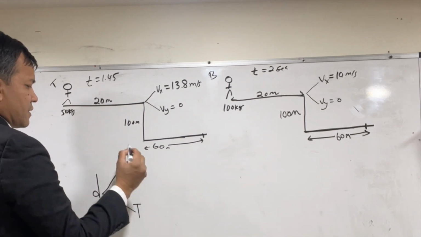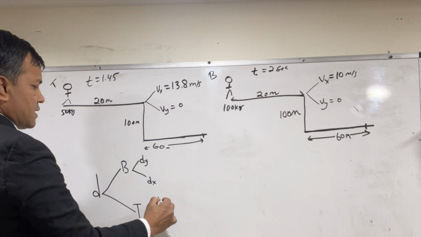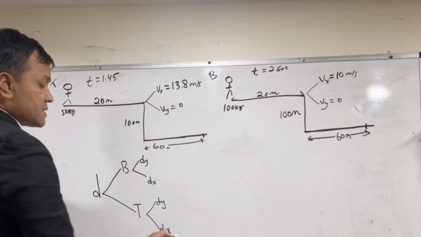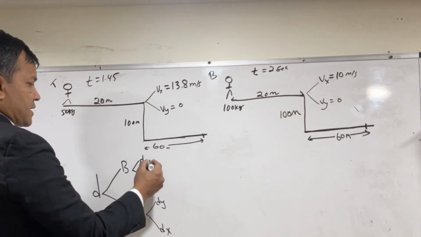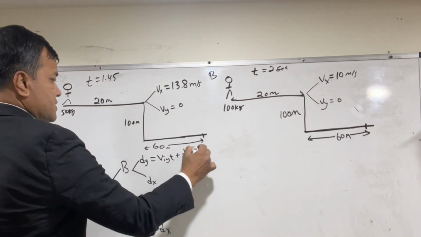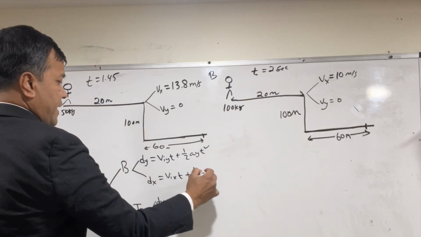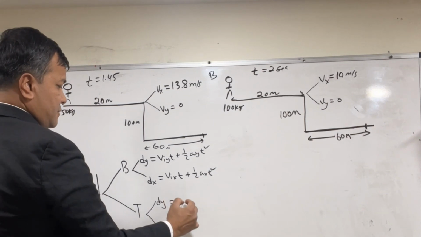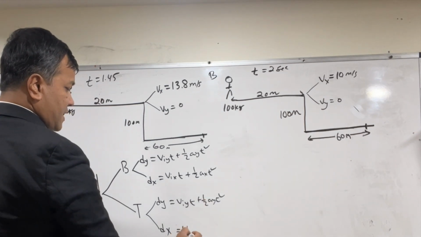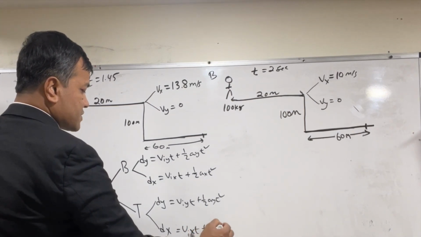Then I'm going to have dy for Barry, dx for Barry, dy for Terry, dx for Terry. Tree diagram. Viy t plus half ay t squared. Vix t plus half ax t squared. Viy t plus half ay t squared. And Vix t plus half ax t squared.